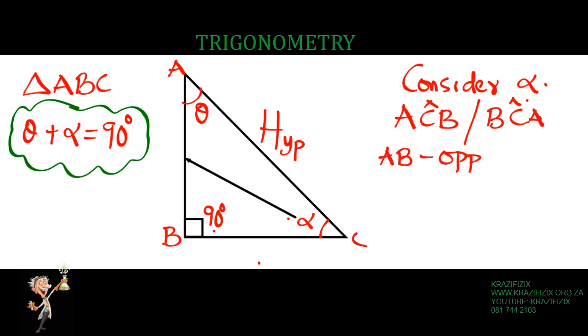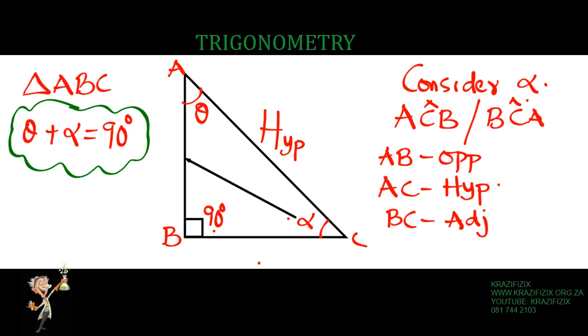Alright, so if AB is opposite, remember, your AC is not changing. It is still remaining as the hypotenuse. Therefore, my BC is what? Adjacent. Alright, I hope the side labelings are now okay. So you must quickly know what your opposite side is, what the adjacent side is, and what the hypotenuse is.